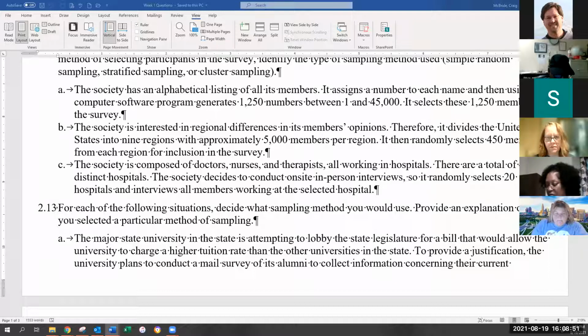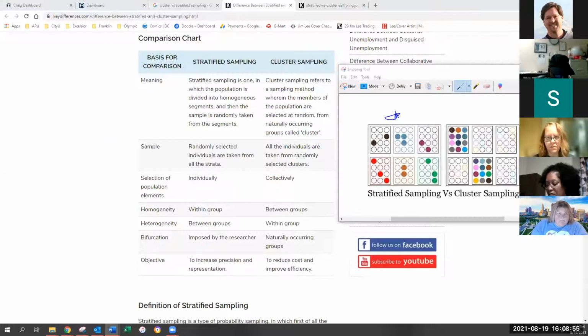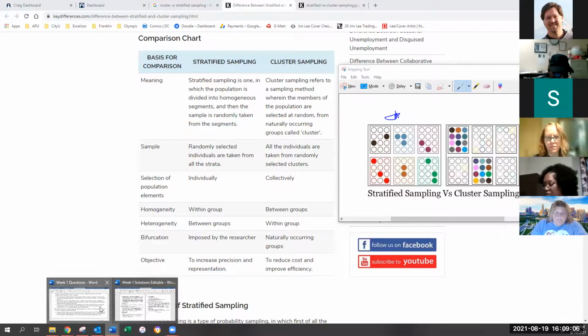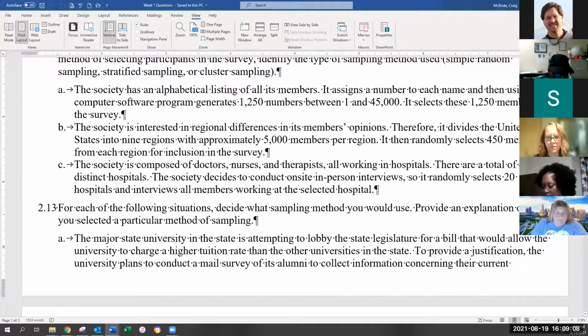But really what matters is how they sampled, because if it was cluster sampling, they would take all of the people from a certain number of those regions, whereas instead they only took 450 members from each region.